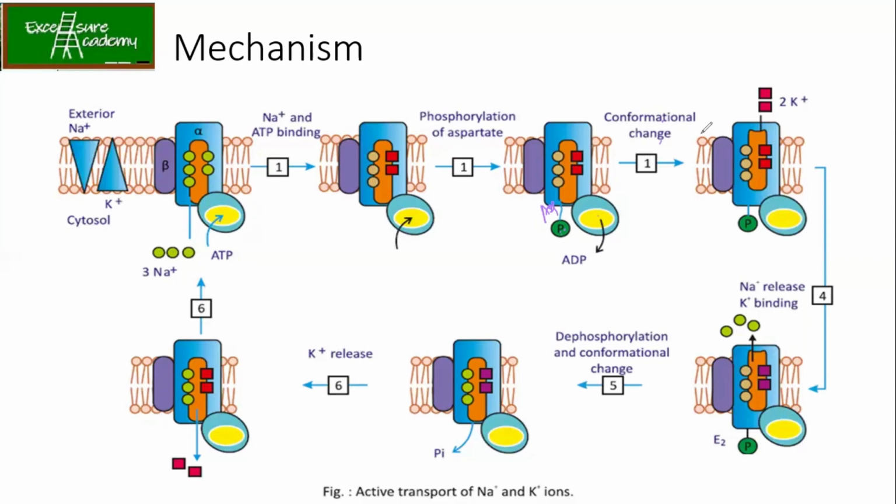The phosphate is still there, so dephosphorylation happens, and that causes a conformational change. The phosphate residue is released, and after that potassium is released. Correct. And then the enzyme returns back to its former state. When this phosphate group is removed, the pump opens to the other side. It was open like this before, now it is open like this. I hope it's clear.